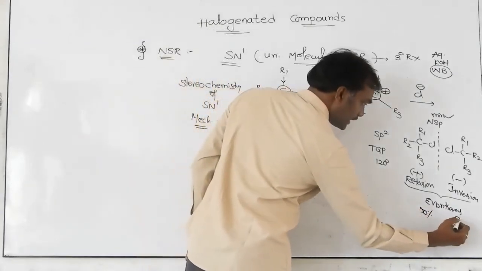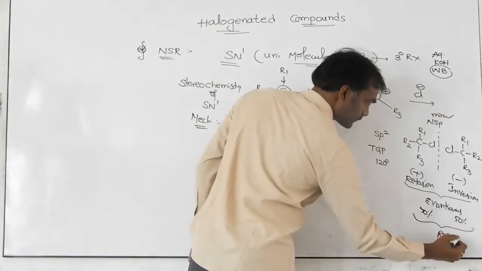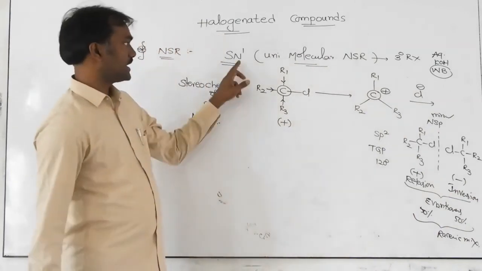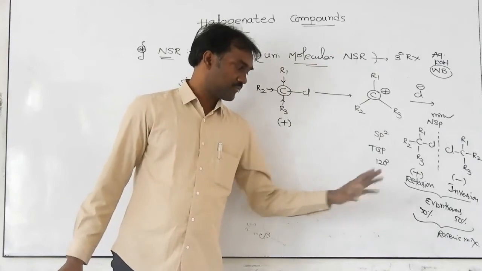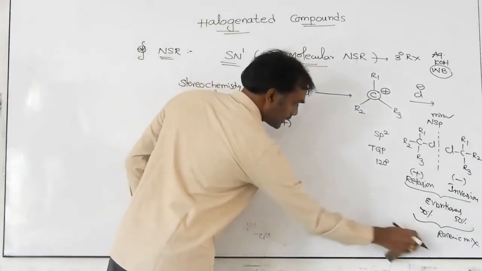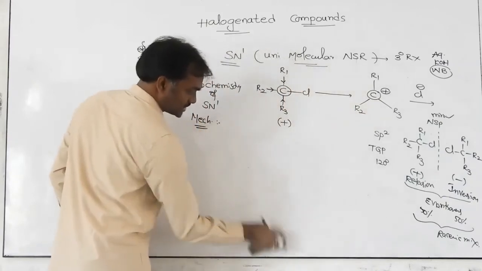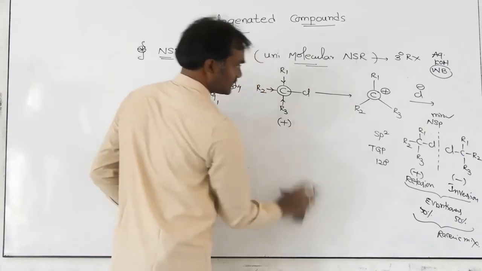So this is also called a racemic mixture. So the stereochemistry of SN1 gives retention and inversion products. It forms a racemic mixture that is optically inactive due to external compensation of their opposite rotations.